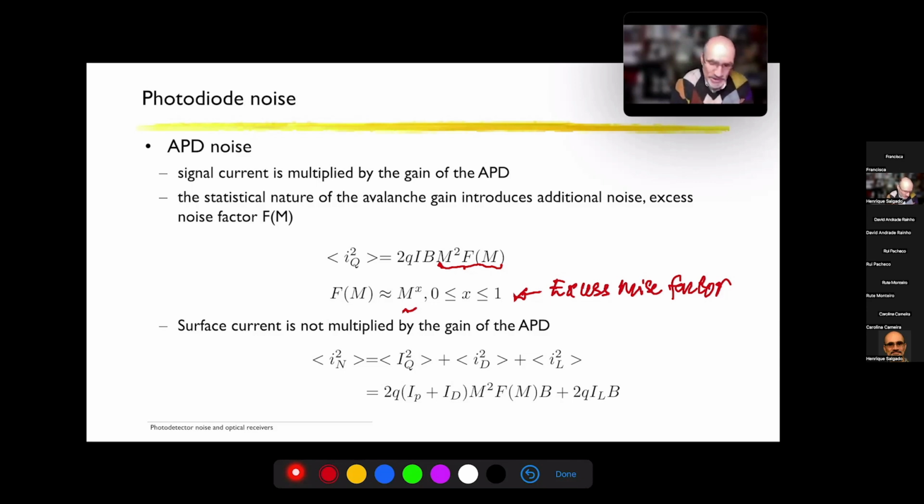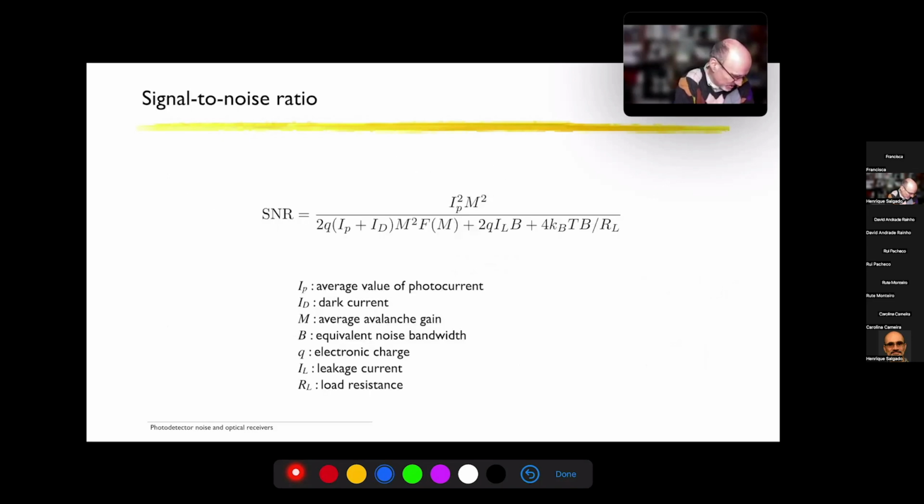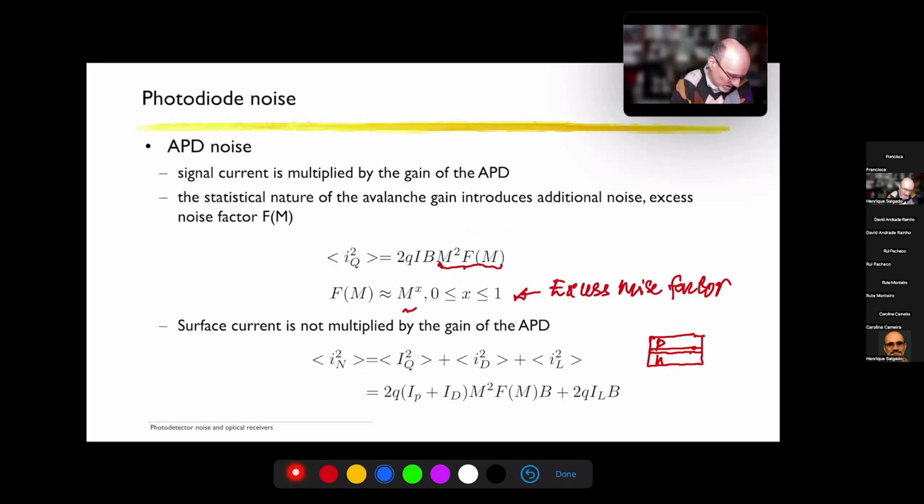When considering the dark current, we have to distinguish between two cases. For example, we have the PIN structure. The bulk dark current is a current that is generated inside the device, and so it goes through the device.